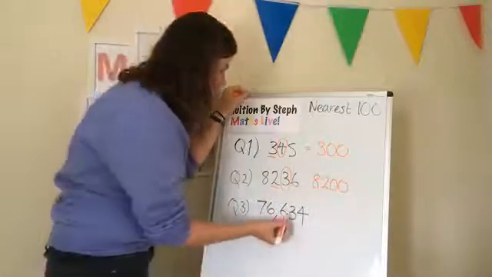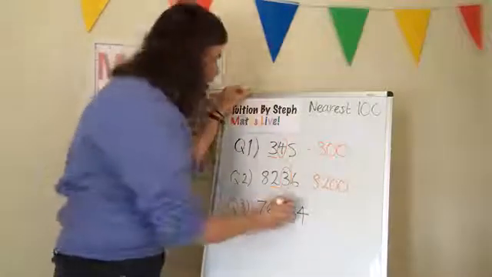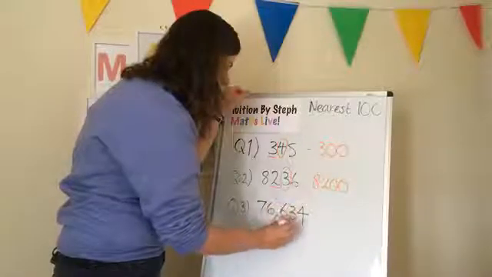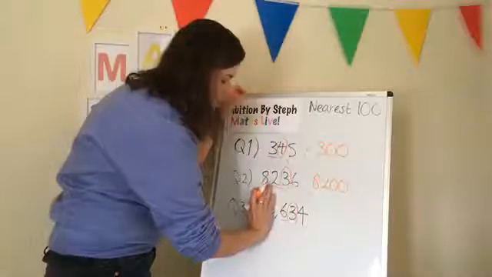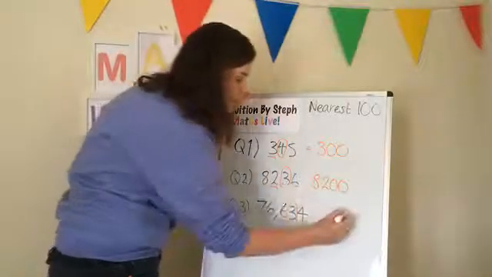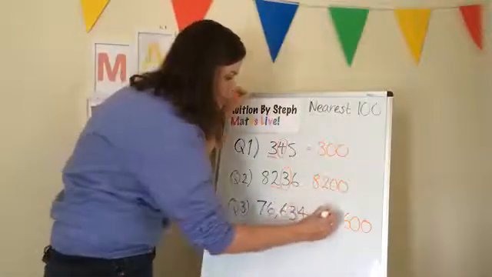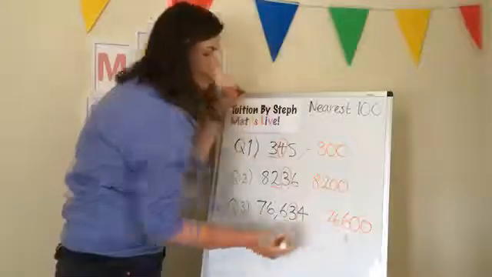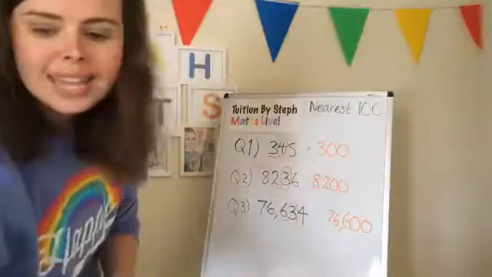And the last one, 6 is the hundreds digit. 3 tells us what to do. So if we focus on 634, 634 to the nearest 100 is 600. But we don't forget about the rest of the number, so it's 76,600. All 3 questions involve rounding down.